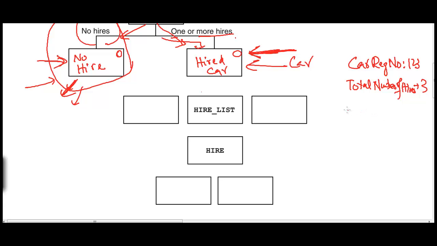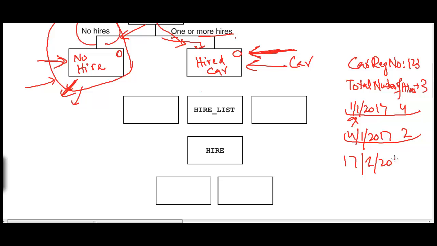And then we can just give the dates on which this car got hired: 1/1/2017, and it got hired for 4 days, and then 4/1/2017 this car got hired for 2 days. Then let's say 17/1/2017 this car got hired for 3 days.